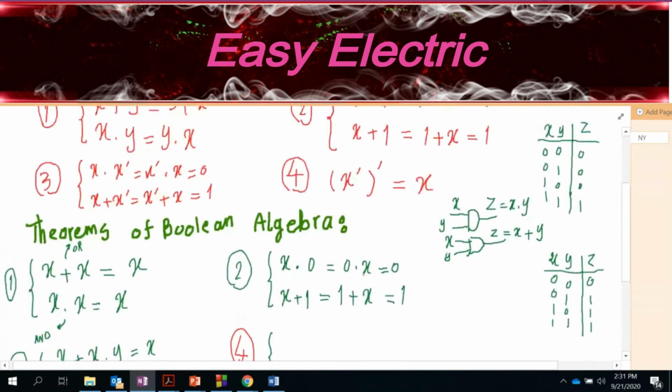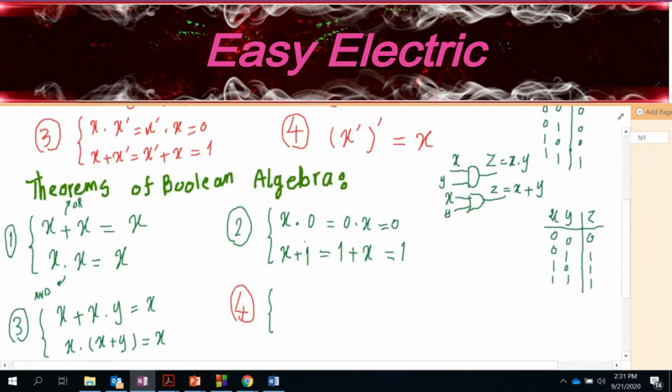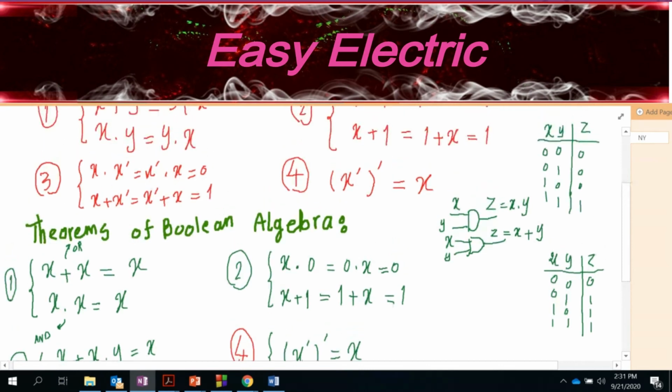Definitely, I don't know why I mixed all of them. Number 4 is whatever I put in the postulate, which should be here. I already explained x prime prime is x, which is number 4 in the theorem. I'm going to fix that, and number 4 for the postulate is the other thing, whatever you see here, which I'm going to correct.